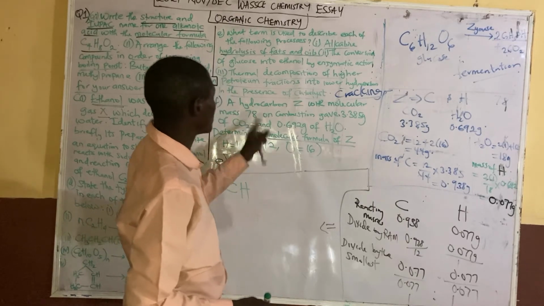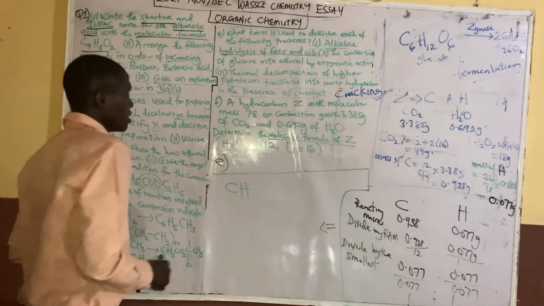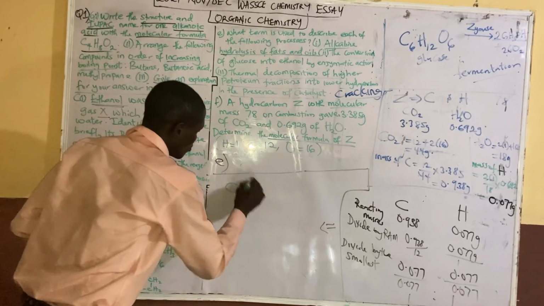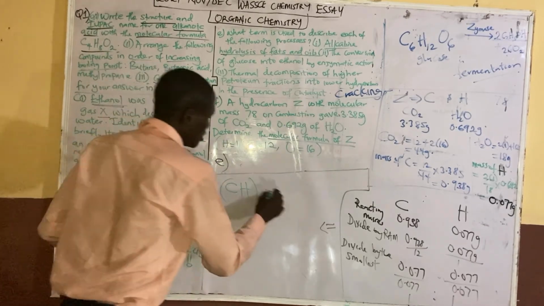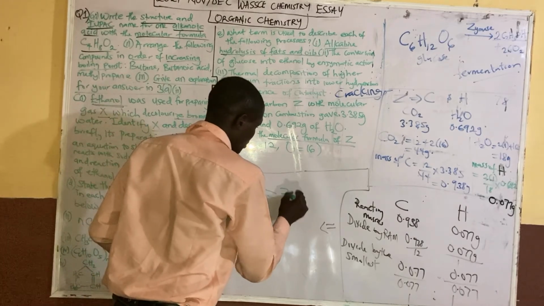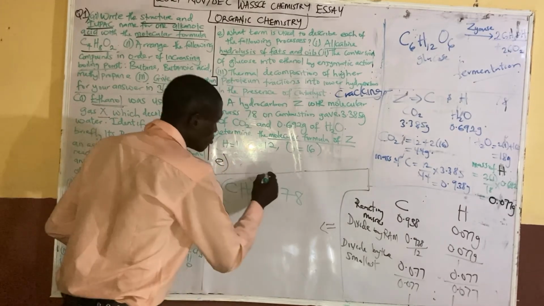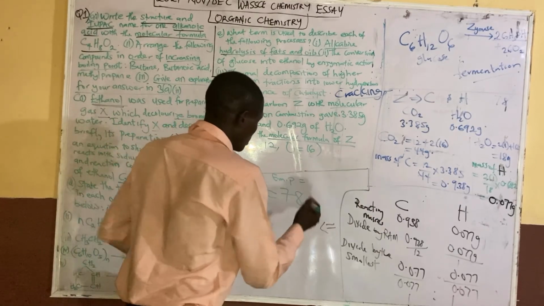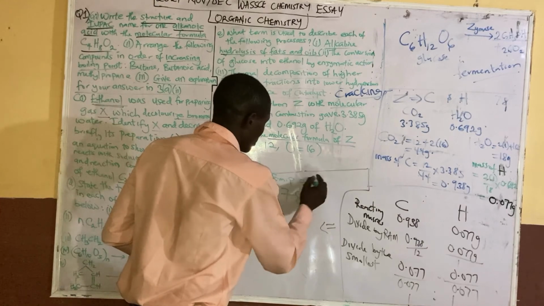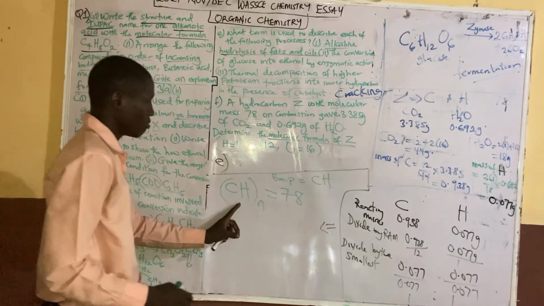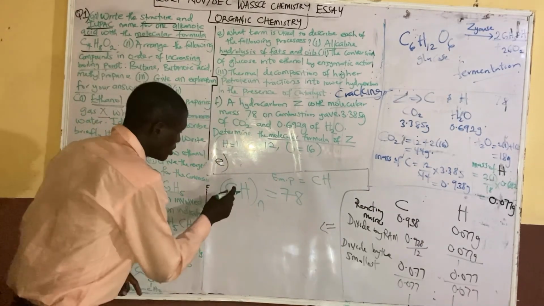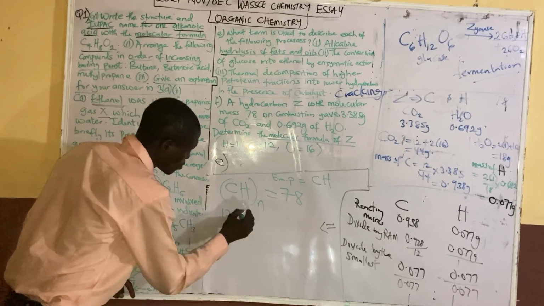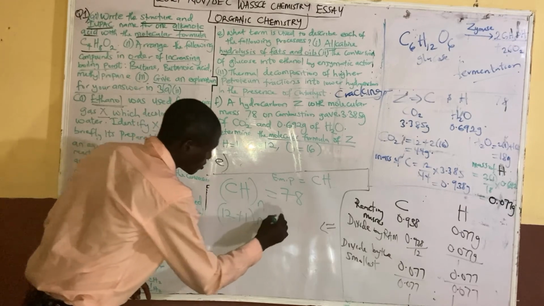The molecular mass is 78. Remember that your empirical formula is CH. Now the molecular formula is what we are looking for. So the atomic mass is 12 plus 1, times n, equal to 78.